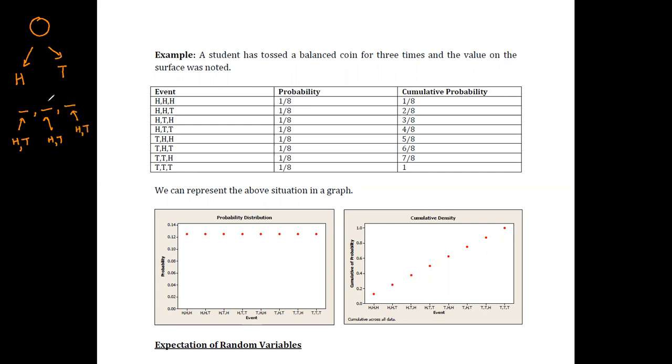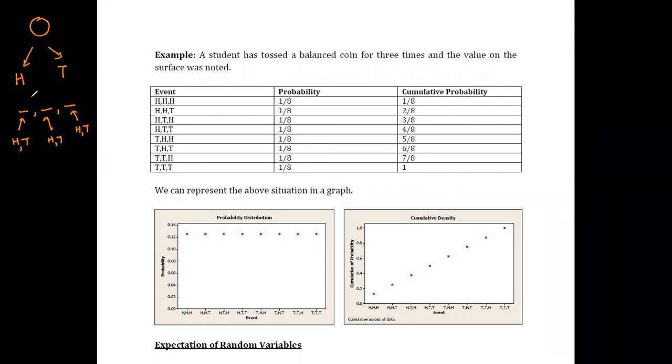Therefore, considering the outcomes of tossing a balanced coin 3 times, you have equal chances of getting head or tail, and for the remaining tosses, you also have equal probabilities.